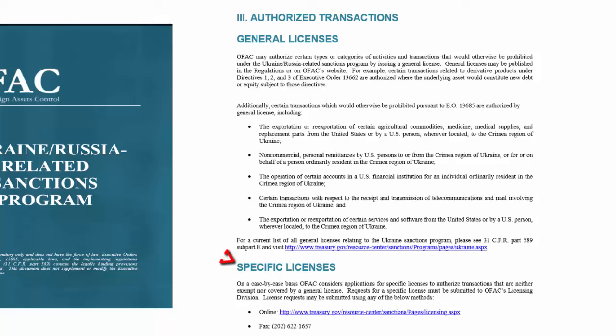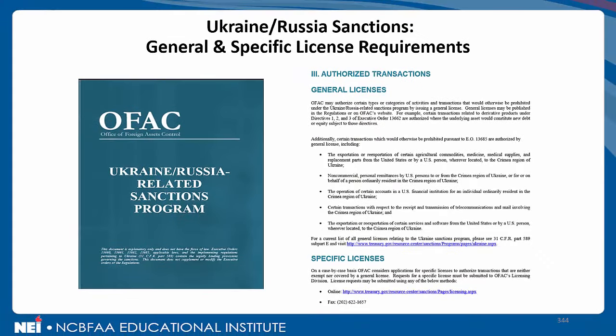As it relates to specific licenses, case by case, OFAC considers applications for specific licenses to authorize transactions that are neither exempt nor covered by a general license. Requests for a specific license must be submitted to OFAC's licensing division. You can do so via the below methods, online via a link, or for those people who actually still have fax machines, to this fax number. Ukraine-Russia sanctions, general and specific license requirements.